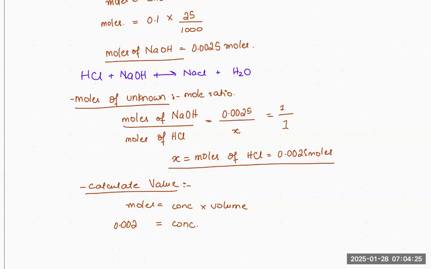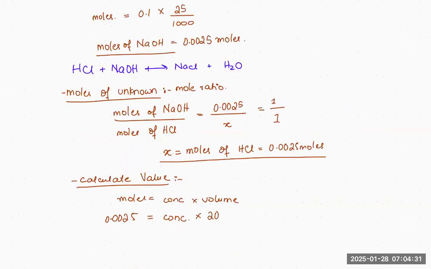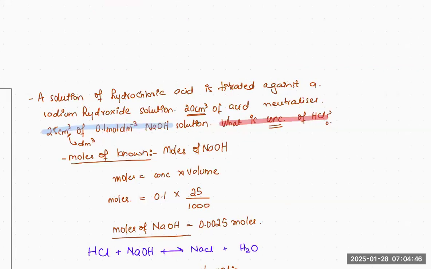Shreya, do I need to do anything before I do the final calculations? Is there any important step that we have to do? Converting. Yes, converting centimeter cube into dm cube. So just divide by 1000. Can you please calculate what the final concentration is going to be?